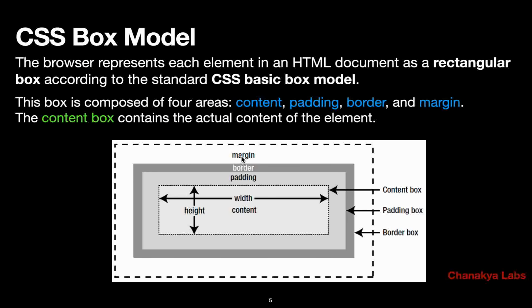But there can be margin or padding. What is margin? Margin is any gap that should be outside the border, and anything inside the border, between the border and the content, is called padding.